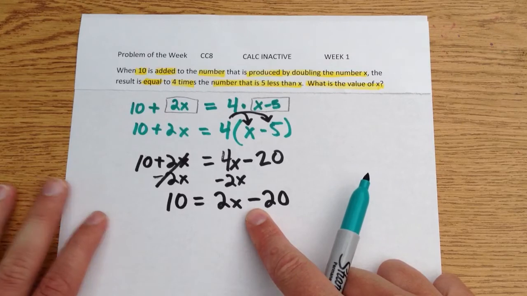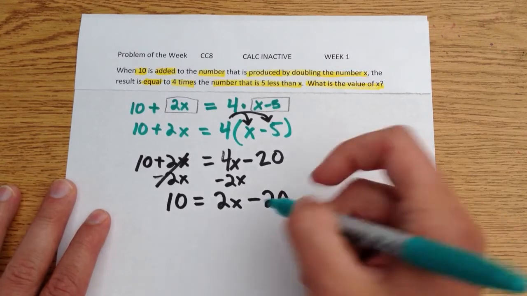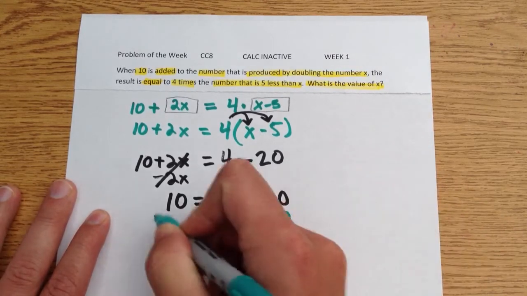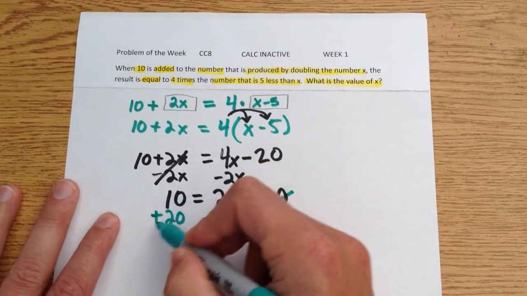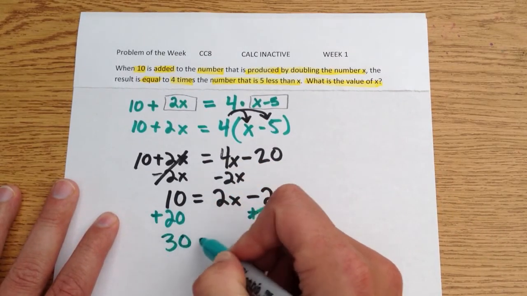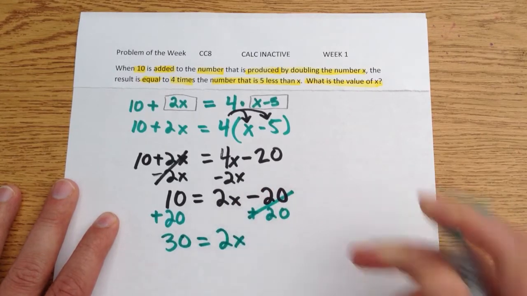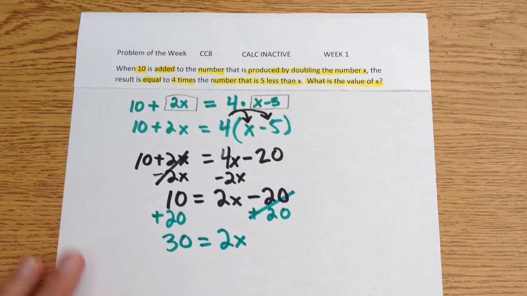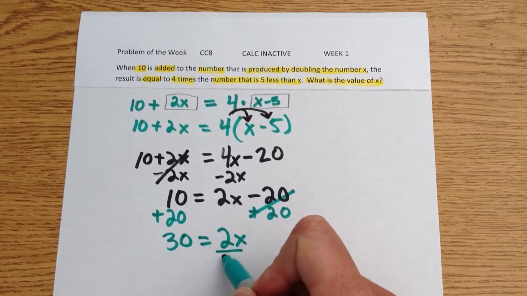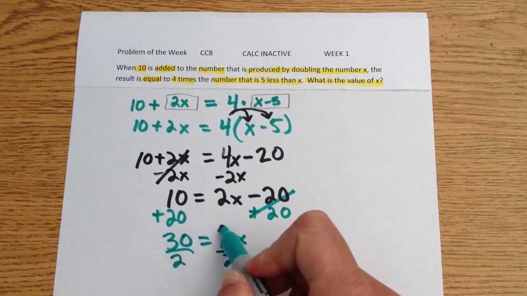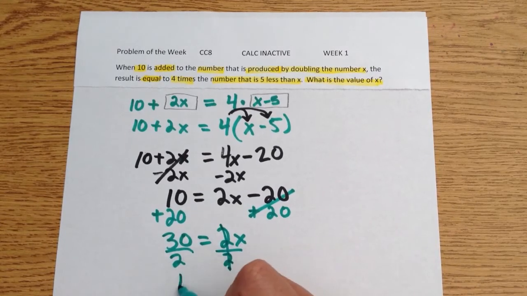I want to get what's further away gone first. So I'm going to add 20 to both sides. These cancel. 10 plus 20 is 30 equals 2x. Okay, I'm almost done here. 2 times x, to undo that I need to divide by 2. Those cancel. I get 15 is equal to x.